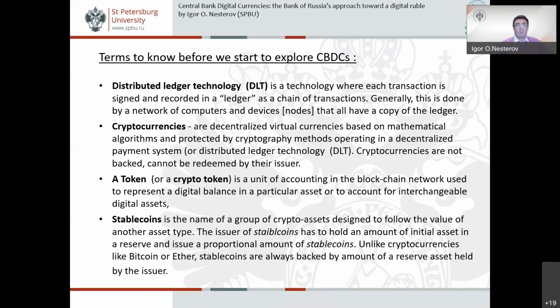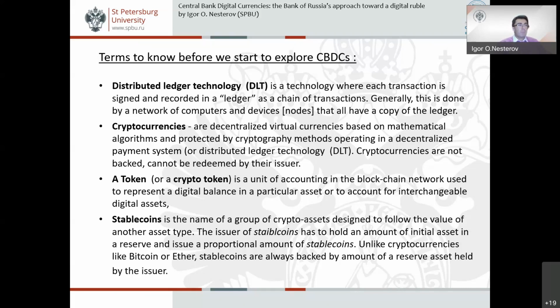Now, a couple of words about token or crypto token. According to Merriam-Webster dictionary, in general, a token is a piece resembling a coin issued for use by a particular group of specified terms. In a digital world, a token is a unit of account designed to present a digital balance in some asset, for example, crypto assets we just discussed.